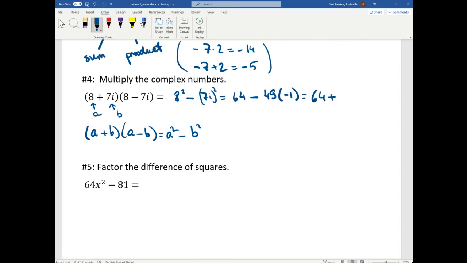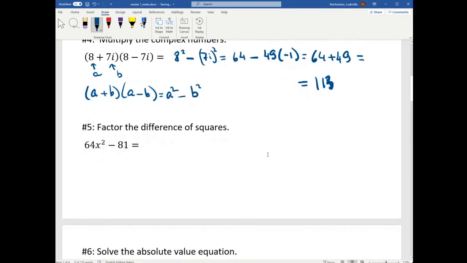We have 64 plus 49. Negative times negative is positive. 60 plus 40 is 100. 4 plus 9 is 13. 113.